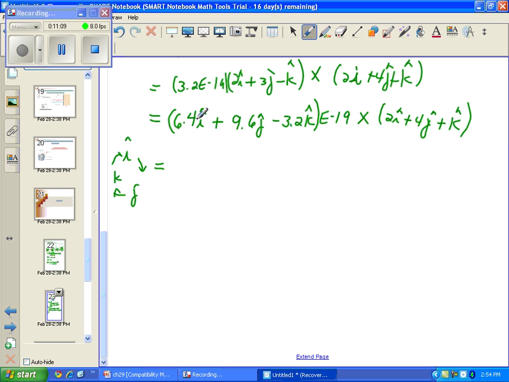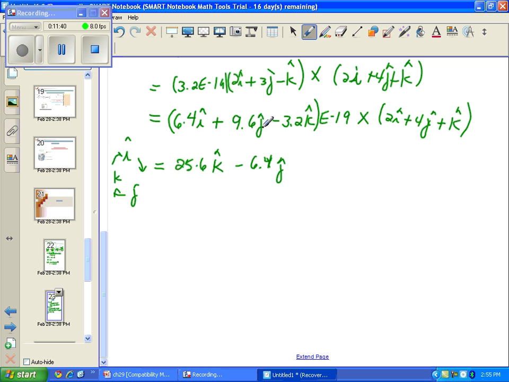So we start with 6.4 i hat cross 2i hat. Well, of course, that gives us 0, so we don't even have to write that. 6.4 i hat cross 4j hat. That gives us 25.6, the positive k hat. 6.4 i hat cross k hat. Well, that gives us minus 6.4 j hat.